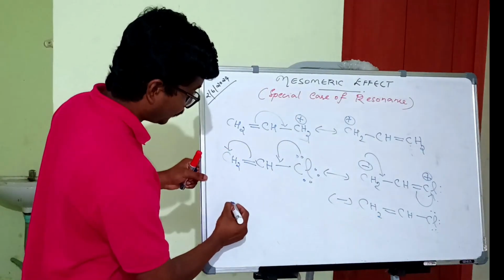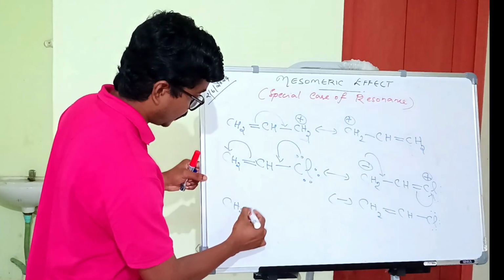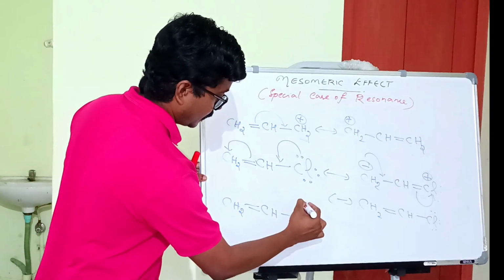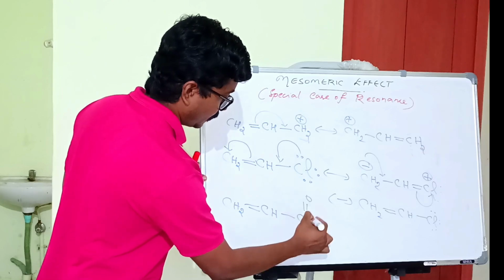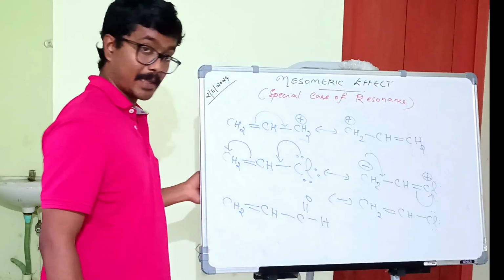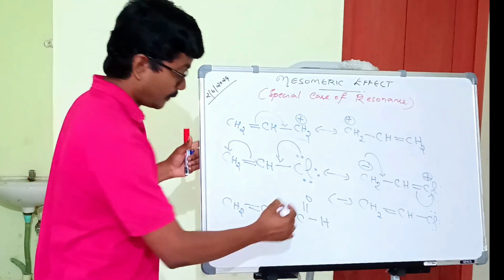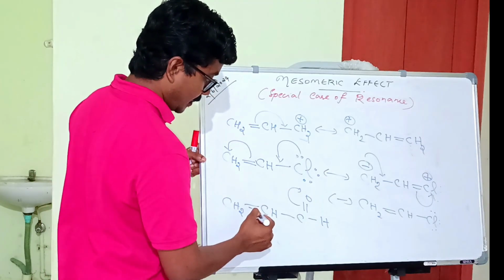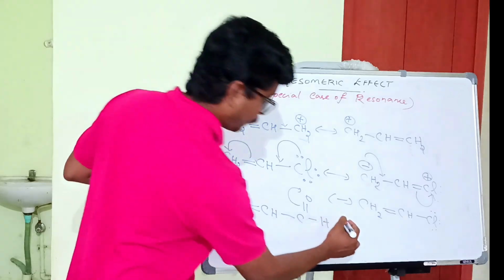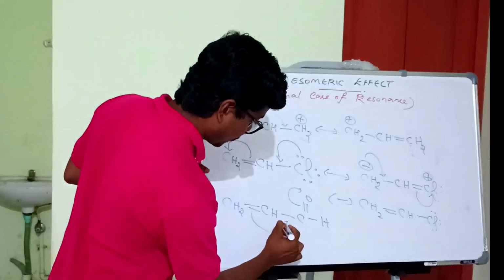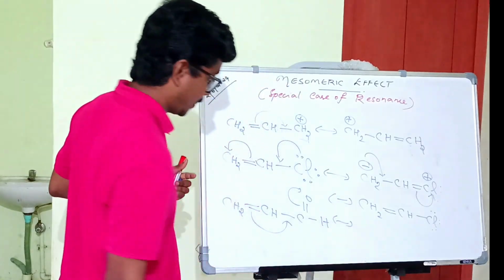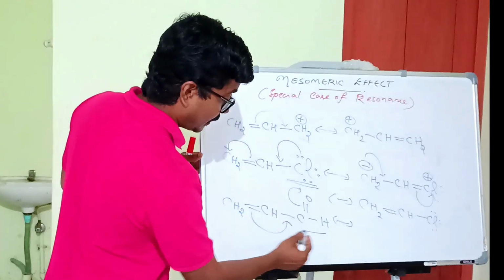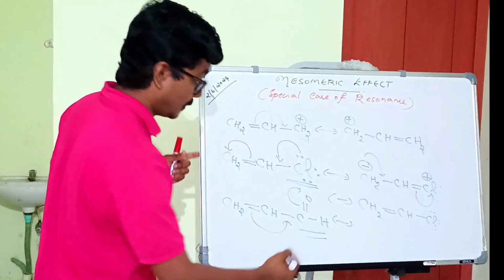Similarly, when a compound is bonded with C double bond O H, an aldehyde, what will happen? This will come here, and this will come here. Here chlorine is the functional group, and here the aldehyde is the functional group.